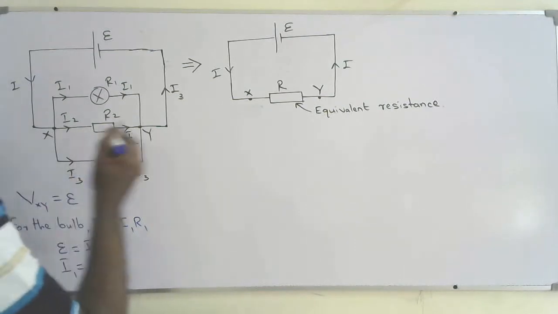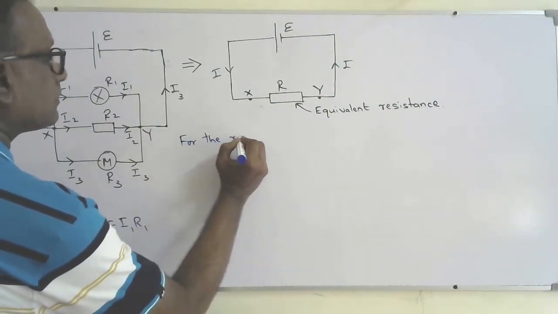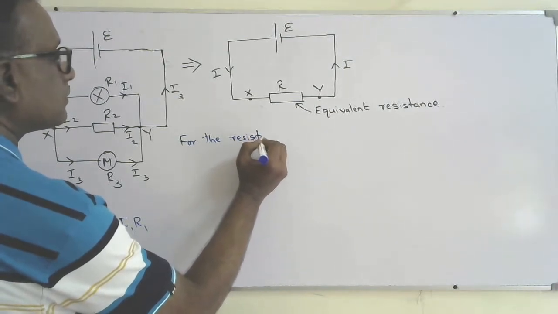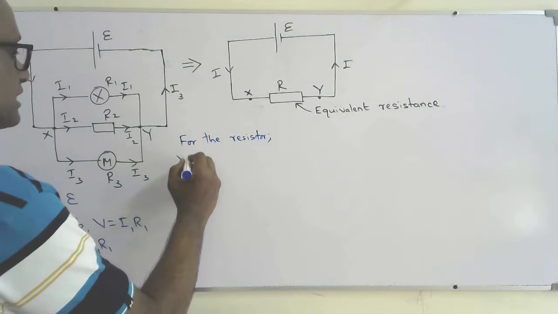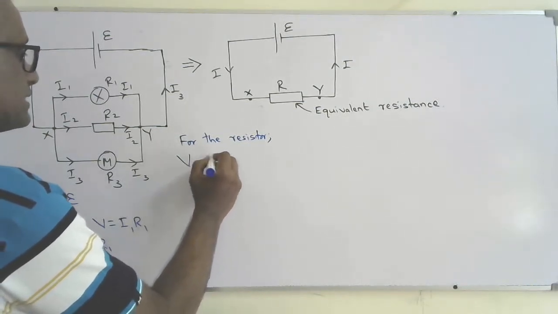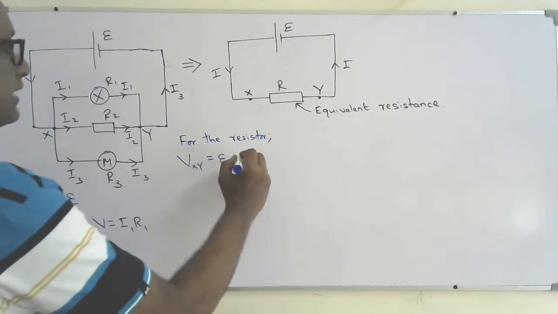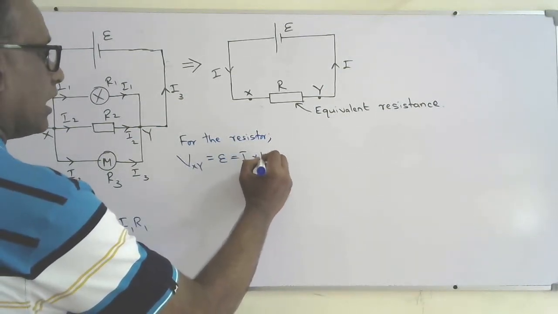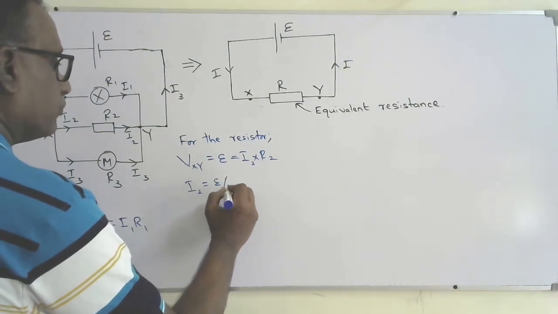Same way for the resistor, I can say the voltage across it is the same as XY, which is equal to EMF. The current is I2 times R2. So I2 will be EMF over R2.